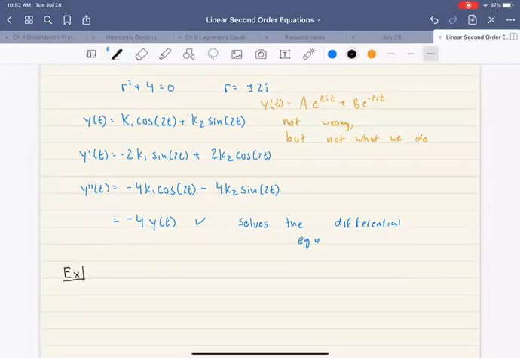All right, let's take another example. Let's take y double prime plus 4y prime plus 8y equals 0. We're going to do the same exact thing. We're going to solve by taking y equals e to the rt.